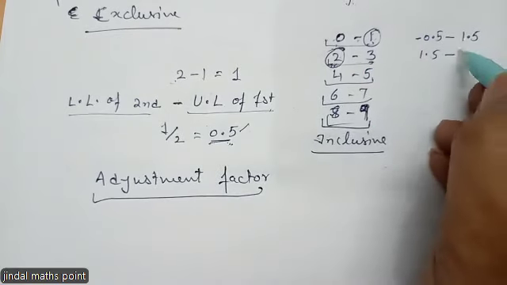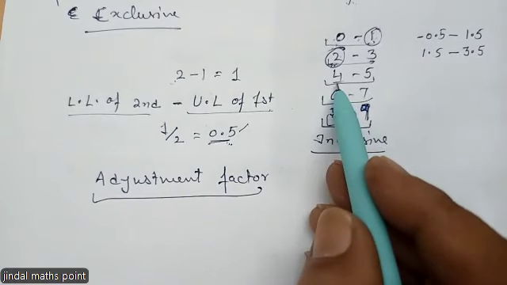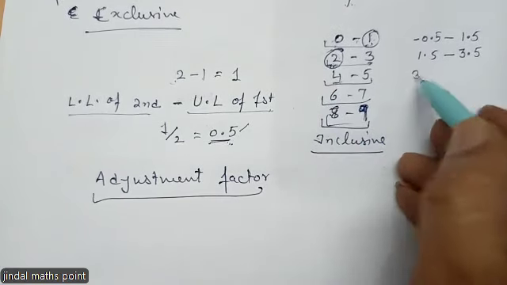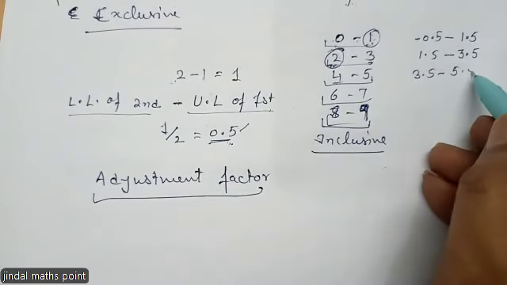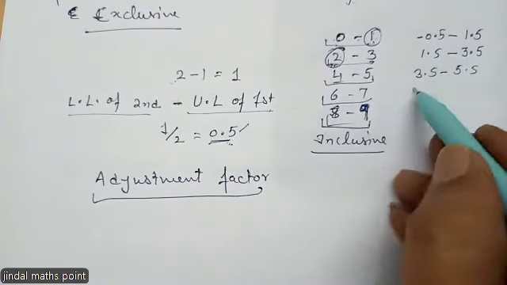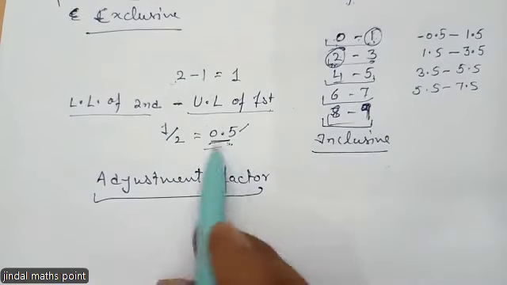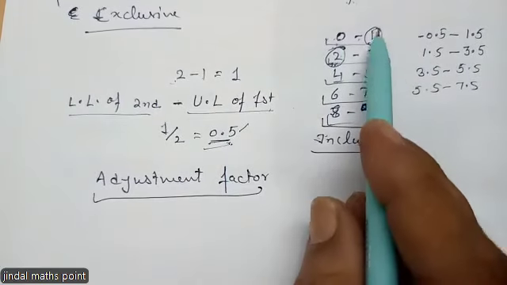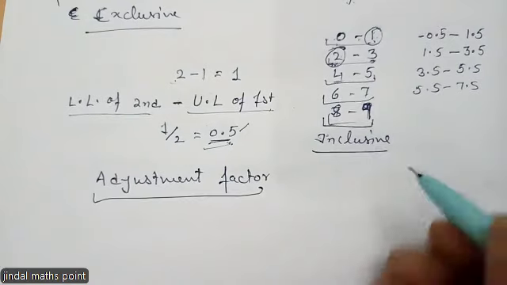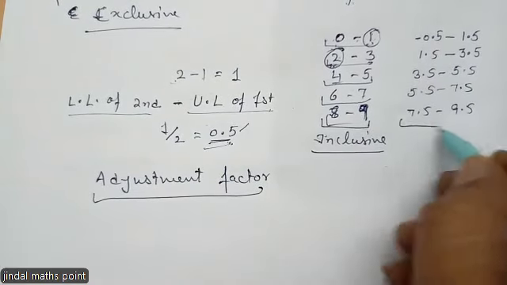What do we get? 3.5. In the same manner, we subtract 0.5 from here and get 3.5, and adding 0.5 to this we get 5.5. Then 5.5 and 7.5. 0.5 is subtracted from all the lower limits and 0.5 is added to all the upper limits. 7.5 to 9.5, and so on.